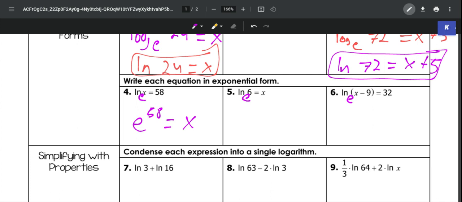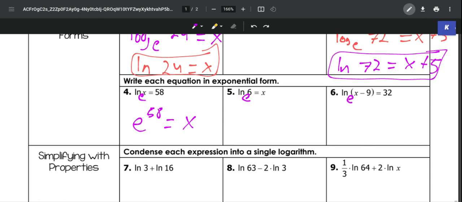So in number 4 from the notes, we would have e to the 58 power is equal to x, which you could actually probably plug that e to the 58 in and figure that out. But I'll look at number 6 just to show you a problem with a variable, x minus 9.